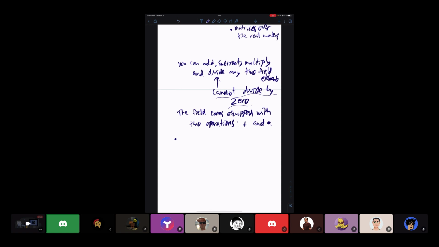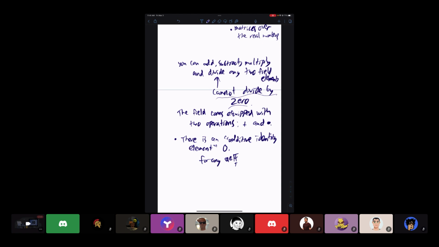Okay, so we require that there is a so-called additive identity element, which we naturally denote by 0. And that means that for any field element A, so this notation is for any A in the field.